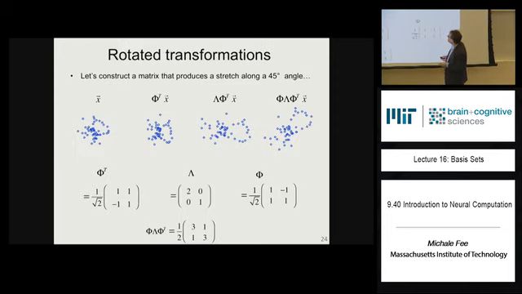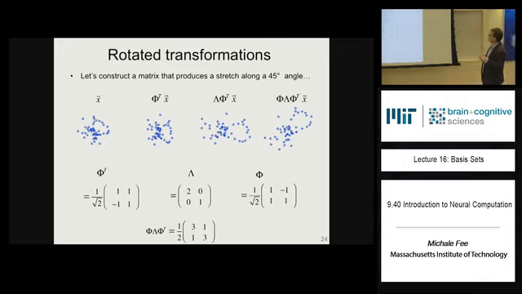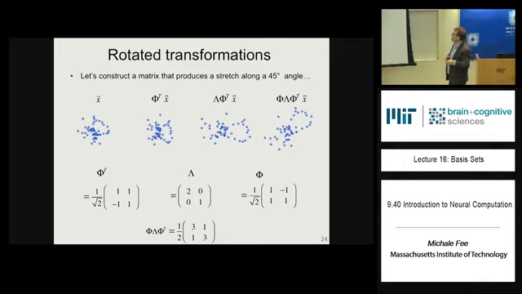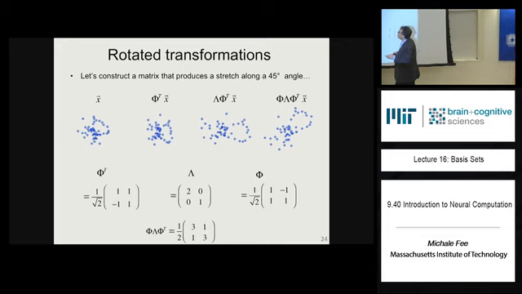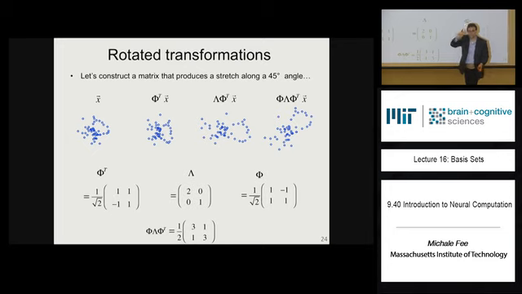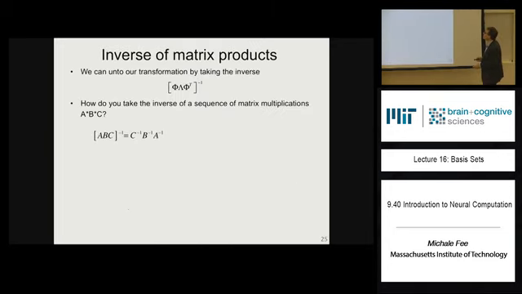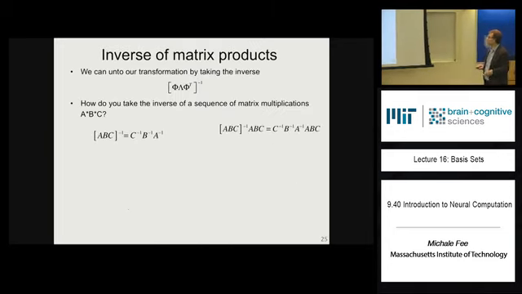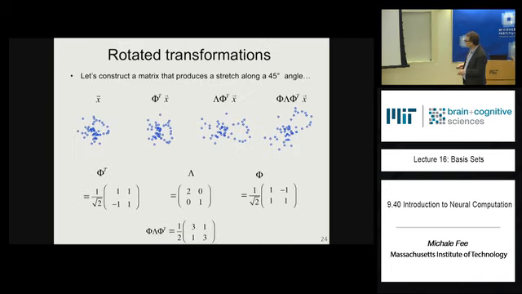Here, we rotated clockwise and then stretched along the x-axis and then unrotated. We could have taken these data, rotated counterclockwise, stretched along the y-axis, and then rotated back, right? Does that make sense? You'll still get the same answer for this matrix here.